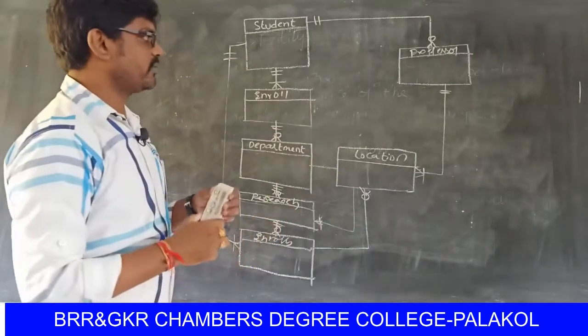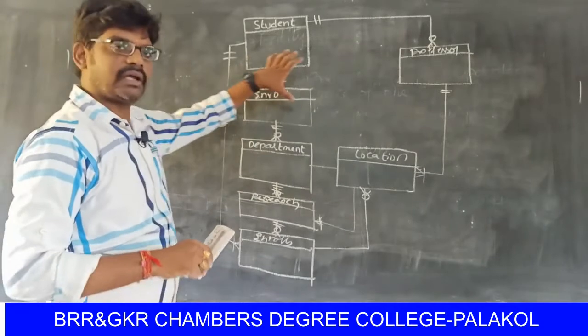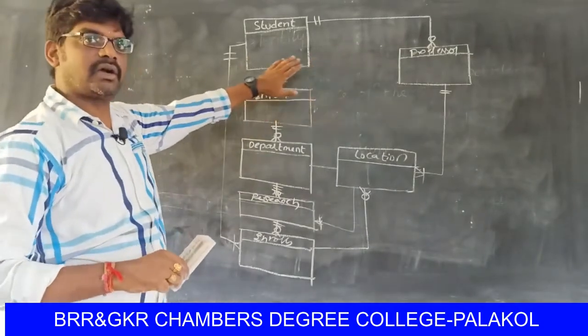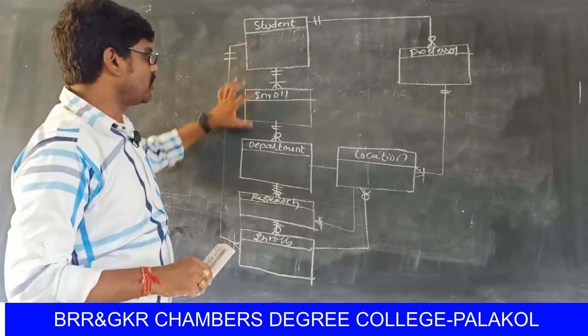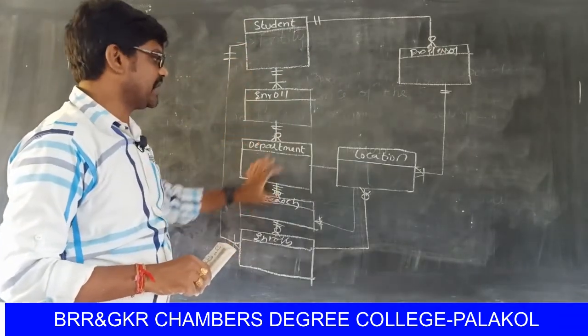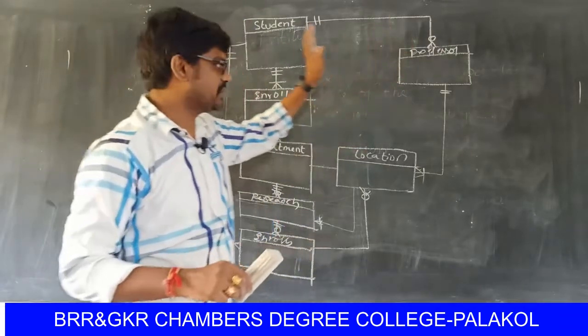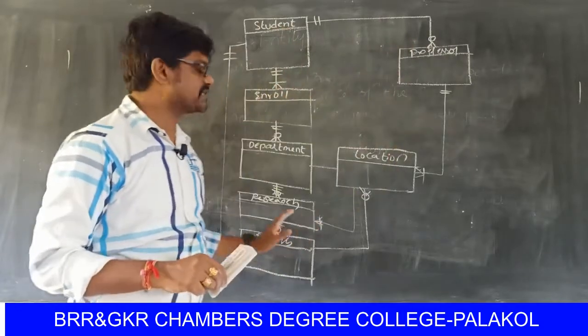This is one of the ER diagrams in a university. Here we have student, enrolls, department, research, location and professor. All these are different entities.